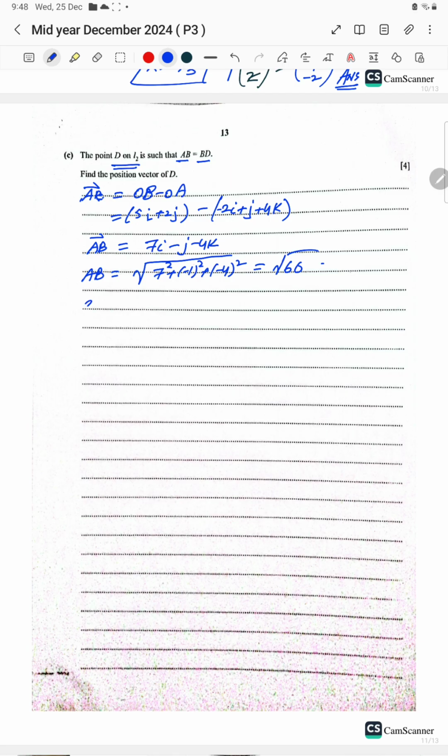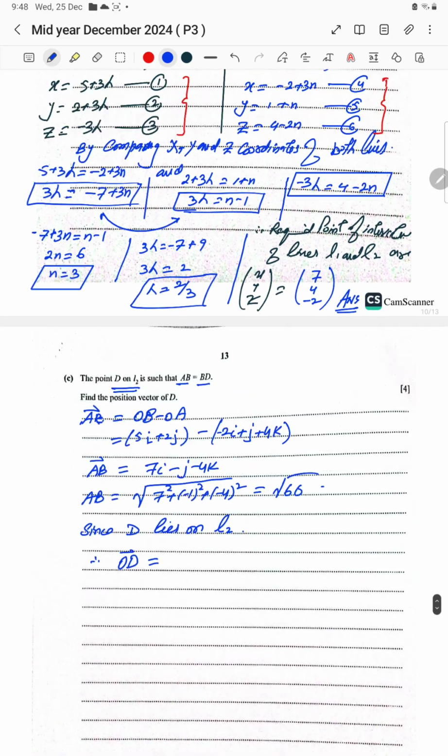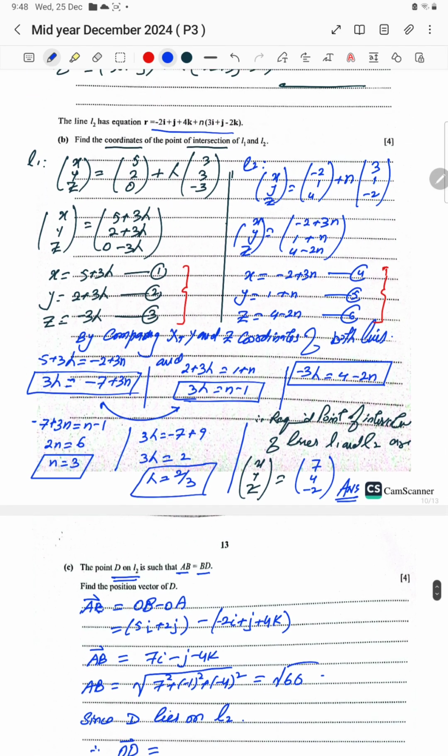Here, since D lies on line 2 is given, therefore OD is the point that lies on the same line L2. Point on L2 is what?